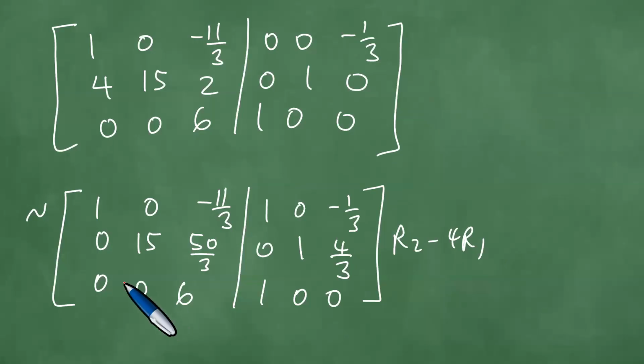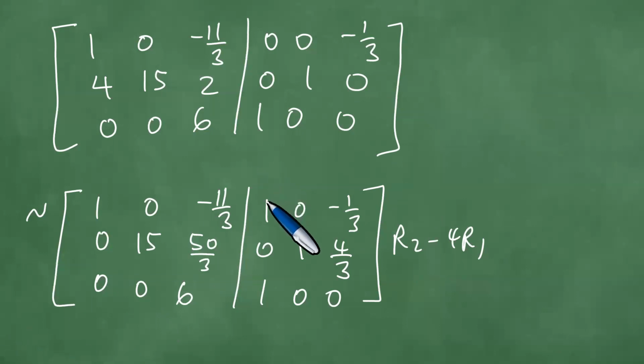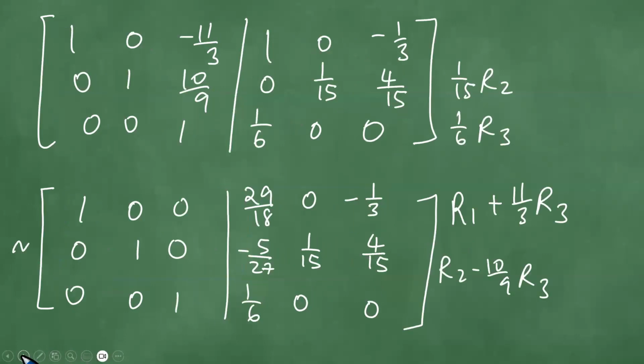Check this. So this is 0. Let's write this one as 0. Okay, so this one is 0.